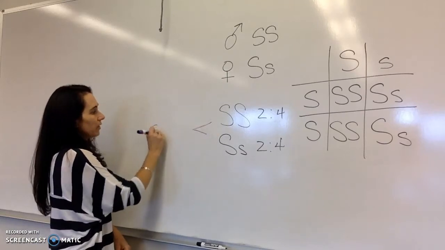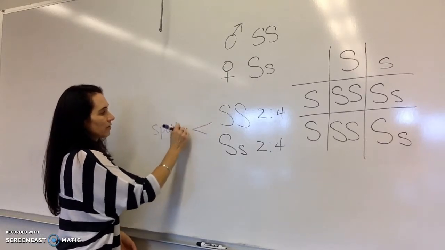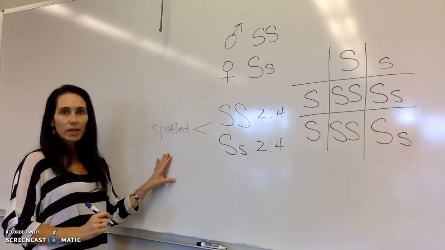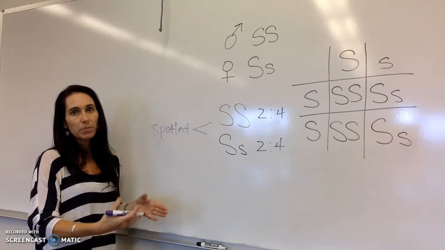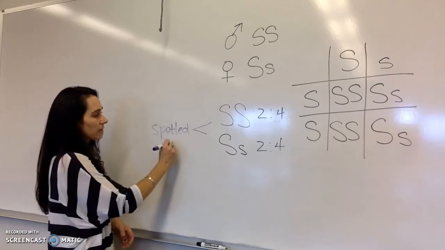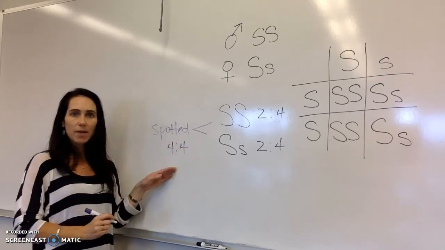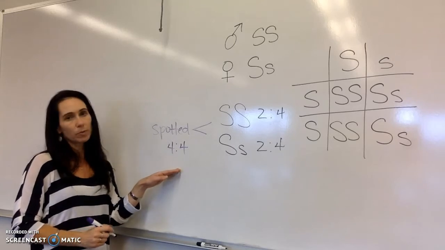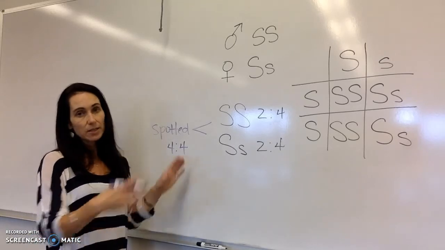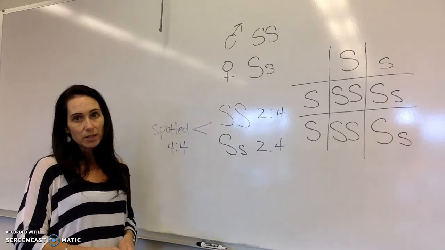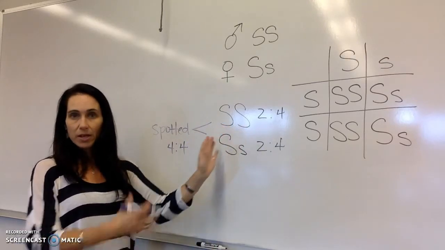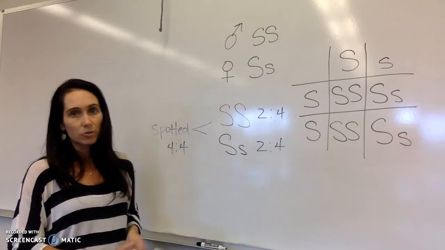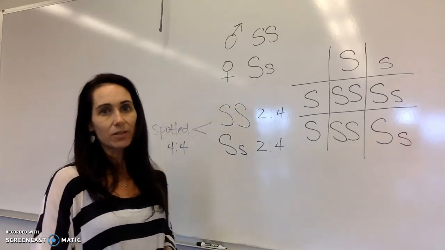So in this case, we're getting a 100% chance of the offspring being spotted. So the phenotype is 4 out of 4 or 100%. So no chance that these 2 monkeys will produce a non-spotted monkey. There's just too many dominant alleles that are joining together to cancel out those recessive alleles from the female.